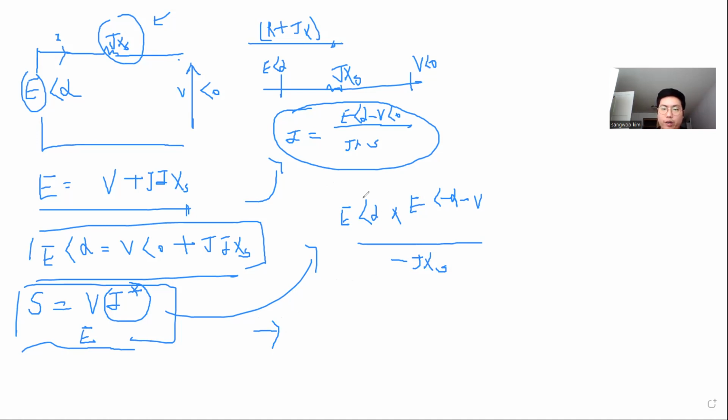So if we multiply here, E squared minus E V delta.